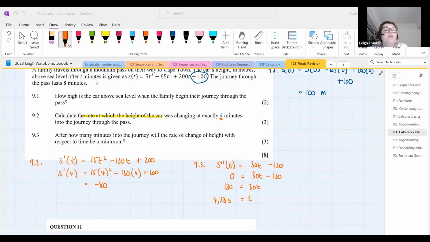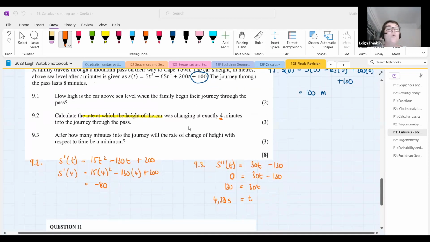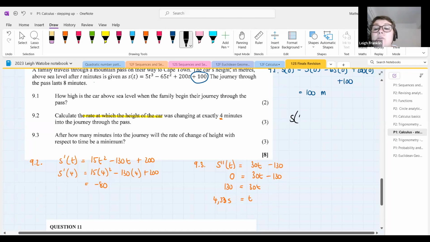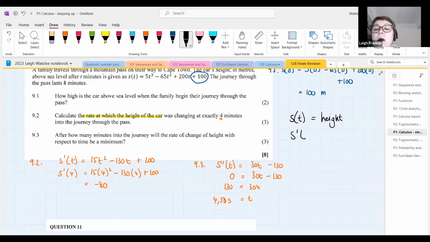All right. So, Tsehufatso, I was talking about how you would know whether it was the first derivative or the second derivative. So when they talk about the height of the car is S of t, so in this case S of t is the height of the car. So S prime t is going to be the rate at which the height of the car changes.